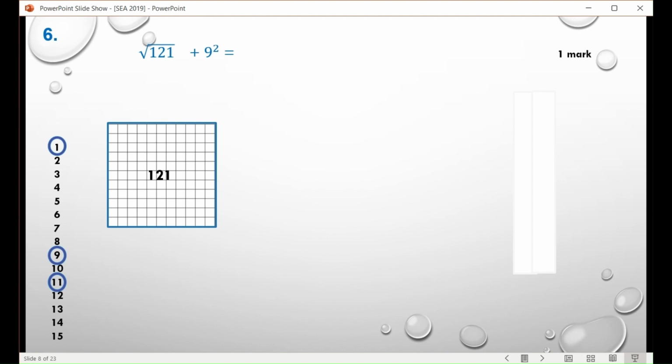We know 10 squared is 100. So we want 121. So how do we get that? It has to be a number bigger than 10. So let's see, the next number we have bigger than 10 is 11.